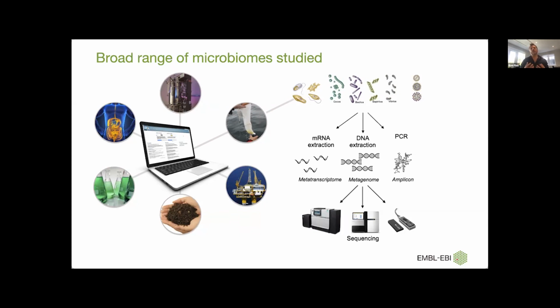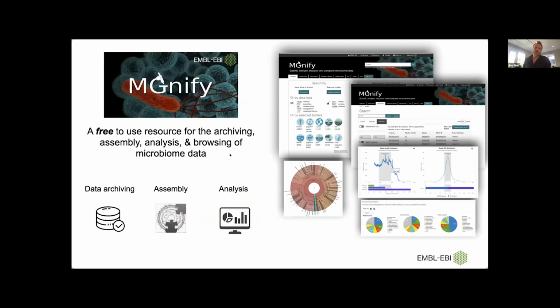Really what we're trying to do with MGnify, the resource I look after, is to accommodate this large and diverse array of different studies associated with microbiomes. As I mentioned, MGnify is a free-to-use resource, and we have three key areas that we try and tackle. The first is the archiving of the sequence data.